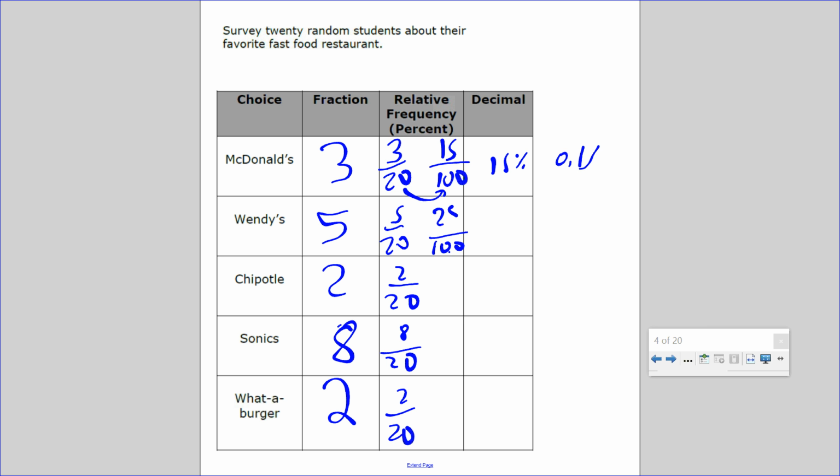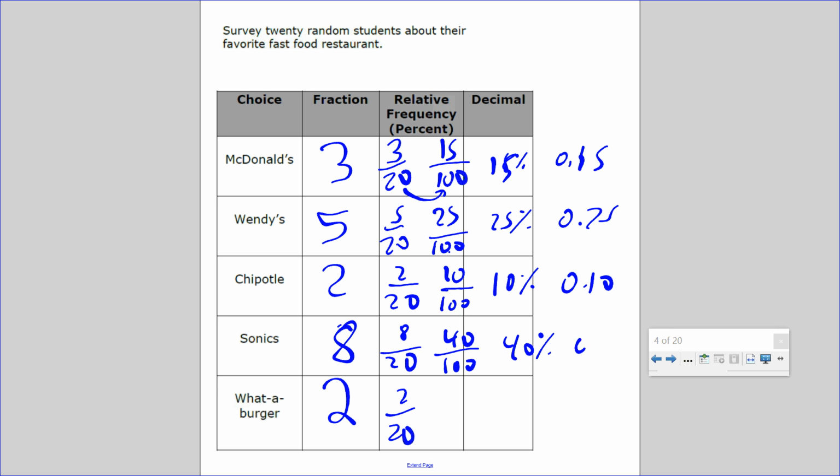Times 5 is 25 over 100, or 25%. How do you build 2 out of 20 to 100? Times 5. That's 10 over 100, 10%. How do you build 8 out of 20 to 100? Times 5. That's 40 over 100, 40%. And last but not least, I think this is the same as this one, so we'll just recopy it.